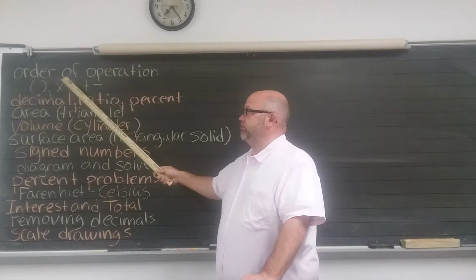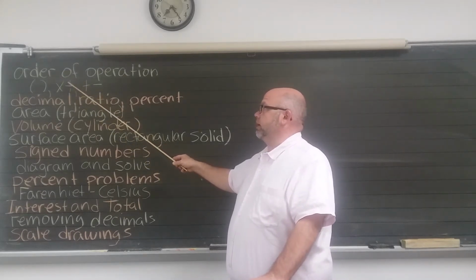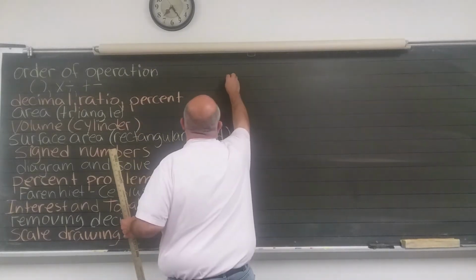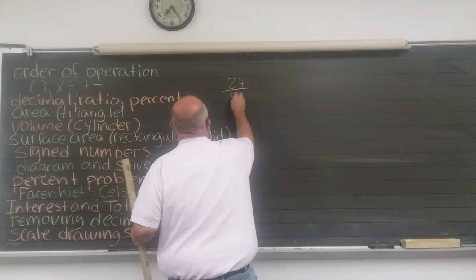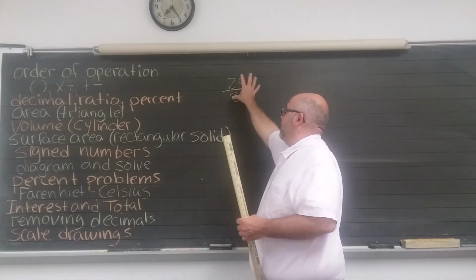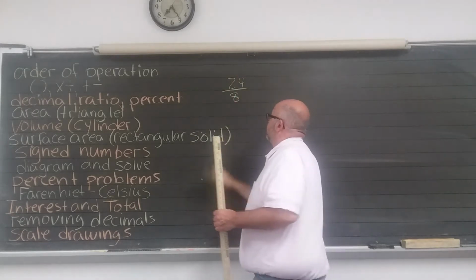If there's a division problem within your problem, like 24 divided by 8, you solve that first, along with the parentheses. Okay, you have to do that. You can't multiply and divide. You have to solve that problem first.